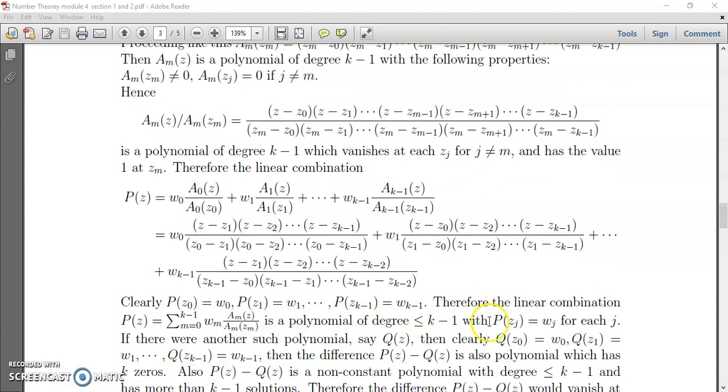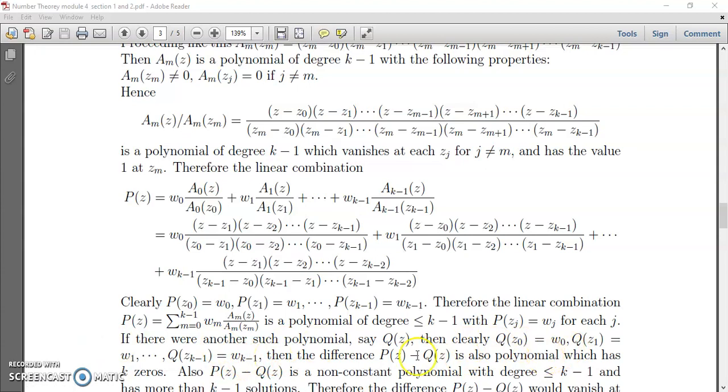For proving the uniqueness, we assume that there is one more polynomial which has the same condition. That is, if there is another such polynomial, say q of z, with the condition that q of z_j is equal to w_j for each j, then clearly q of z0 is equal to w0, q of z1 is equal to w1, etc., q of z_{k-1} is w_{k-1}.